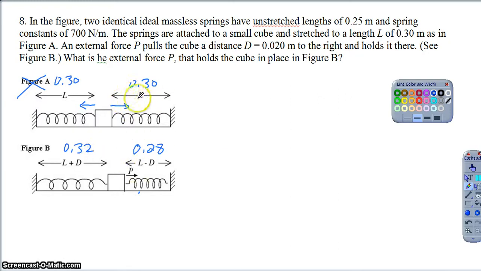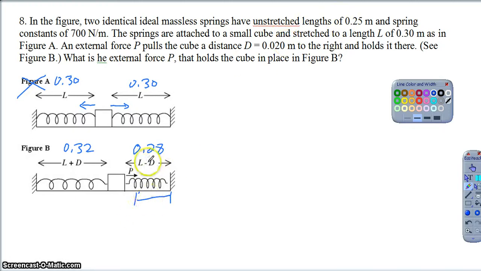Because I knew that initially L was 0.30, and then it says that I've pushed it off a distance to the right of 0.02. So it's compressed this distance to just 0.28, and it's stretched this one out to 0.32. However, the 0.28 is still longer than the spring's unstretched length.